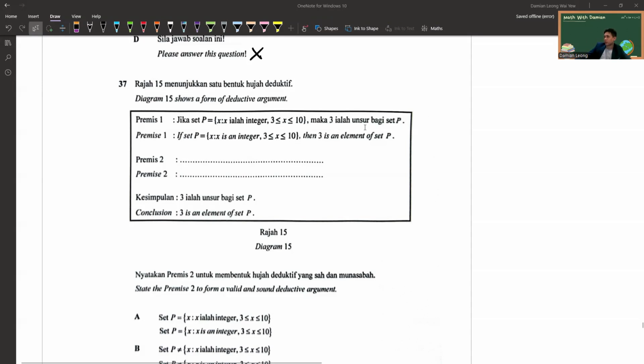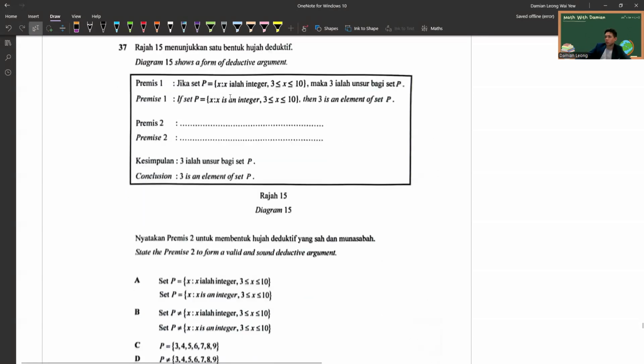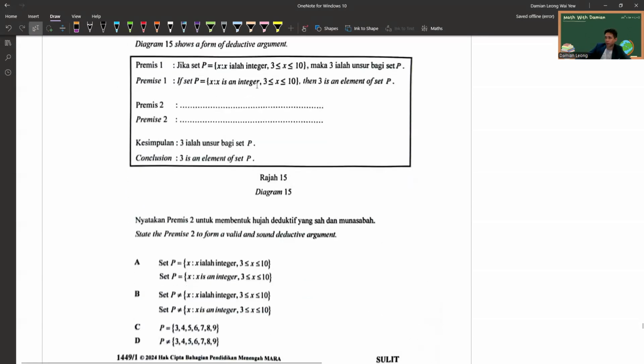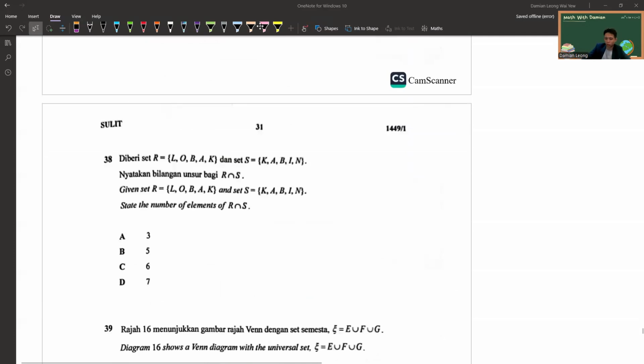Then 3 is an element of set P. Then the conclusion is 3 is an element of set P. So premise 2 should follow this: set P equals x, where x is an integer, 3 less than or equal to x less than or equal to 10, meaning answer A. Okay, that's question 37.